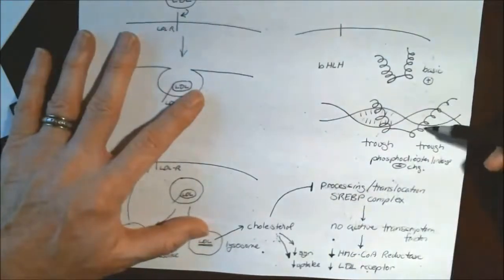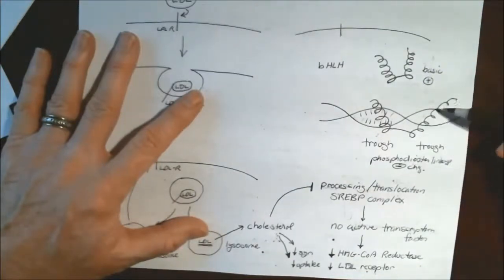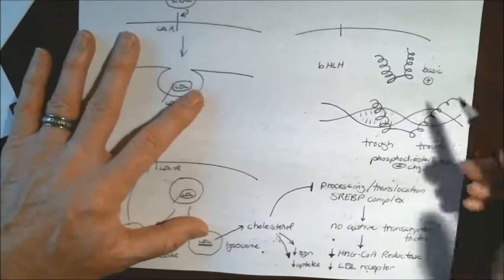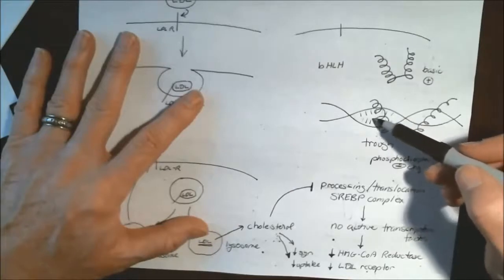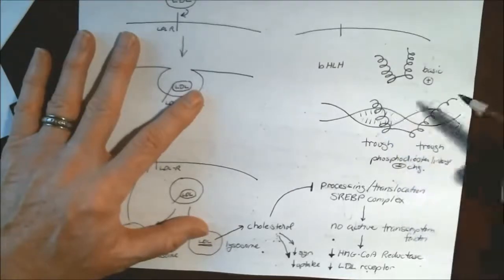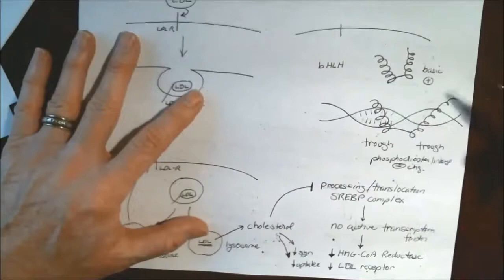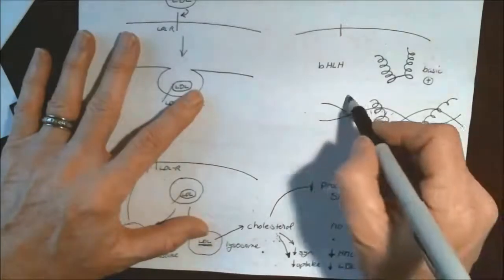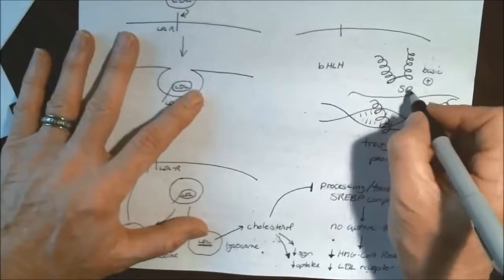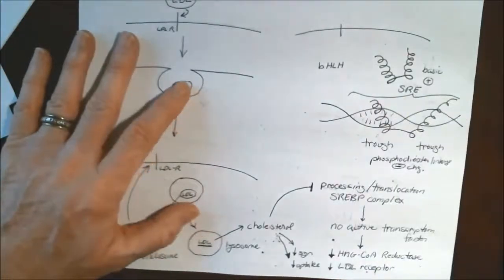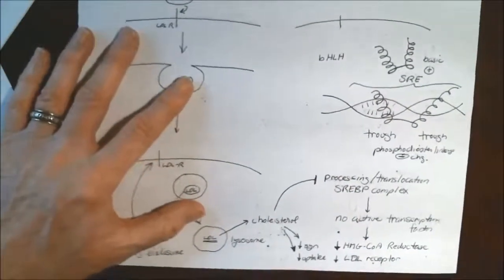So the basic structure here is going to be attracted to the negative charge of the DNA, and these alpha helices will lay into these grooves and form very nice complementary H-bonds and ionic interactions with the bases, and that's what gives the binding specificity. This whole region is the promoter element, SRE, which is the sterol regulatory element.